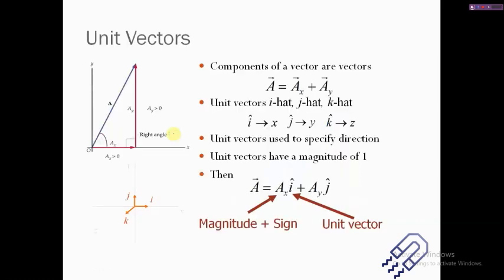But anyway, before we finish, first thing first is we have already done this: A is equal to Ax plus Ay, and then how do I represent it in terms of vectors? Whenever we write something with i cap, that means we are representing the vector along the x direction. What is i cap? i cap is a unit vector. That means it is not going to have an effect on the magnitude.